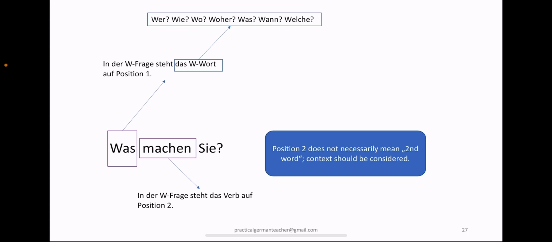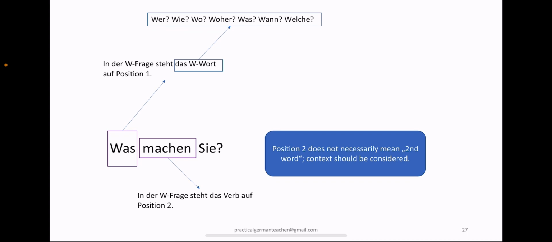Also, you need to remember this. When I say position 2, it does not necessarily mean second word. So it can be possible that the first position has more than one word.